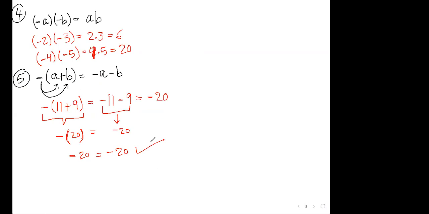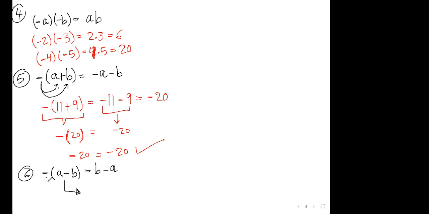The last property is number 6. Minus A minus B. What is the answer? The answer is B minus A. Why? I'll explain more.